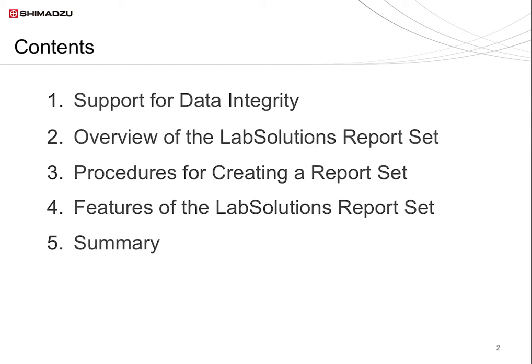We have developed a new function incorporated in a new product, the report set, that can meet these requirements in a simple way. I will also be describing how the report set is actually created and using these presentation materials to explain and introduce this method and the main features of the report set.